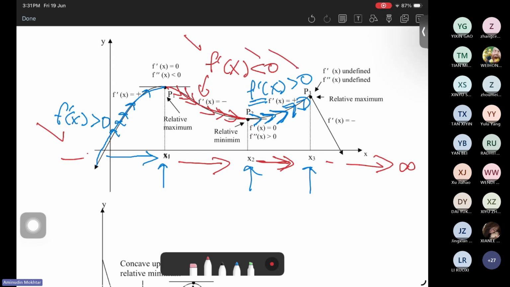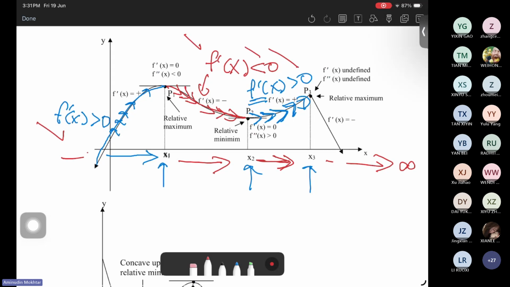Now, x1 is also known as the critical point or turning point. Same goes for x2 and also x3. But for the class, we only focus on x1 and x2. The critical point refers to the point where the sign of the slope is different.